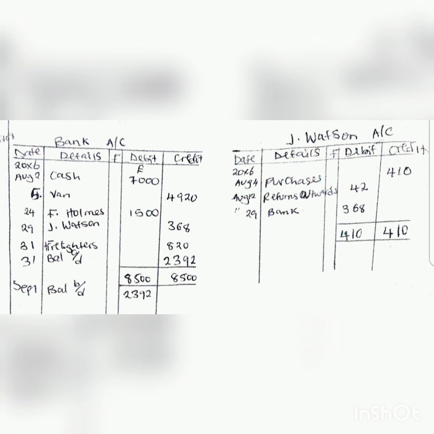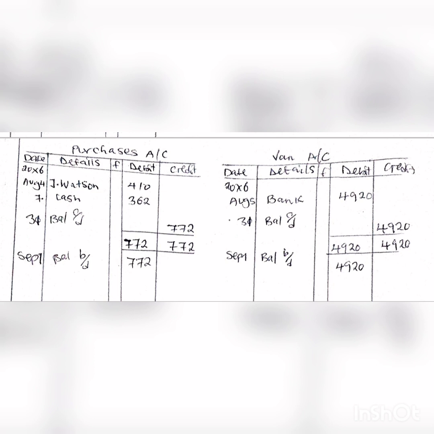So whenever an asset is increasing, it is debited. Whenever it is decreasing, it is credited. The opposite happens to the liabilities. So in this case, the 7,000 is going to be on the debit side of the bank account and the 7,000 is going to be on the credit side of the cash account.